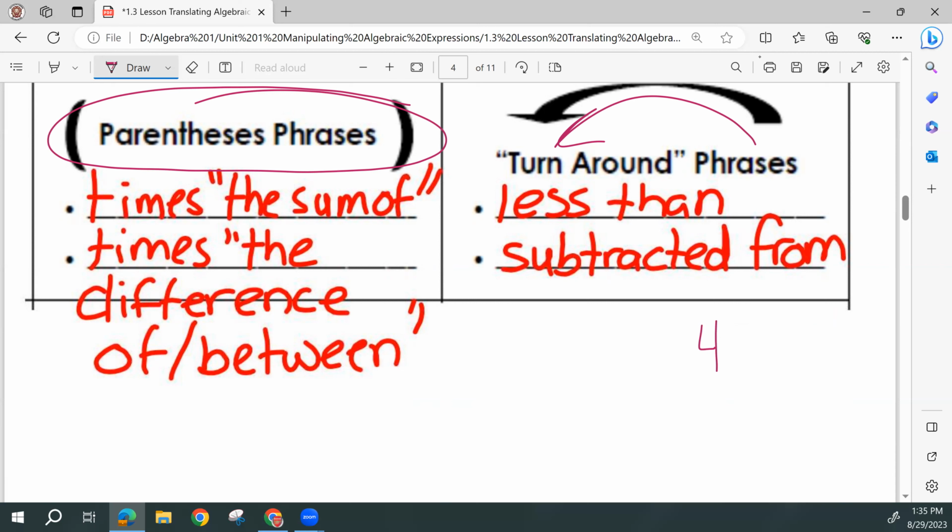It means to go this way. Less than means subtract. And then maybe I would say a number and use X. So turnaround phrases means don't go from left to right, go back to the left. So typically when we're writing these, we write from left to right. Those turnaround phrases sort of tell us, whoops, we got to go in reverse to the left instead. So get these down as well.